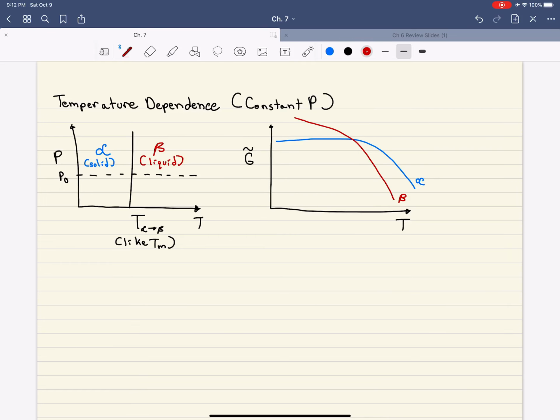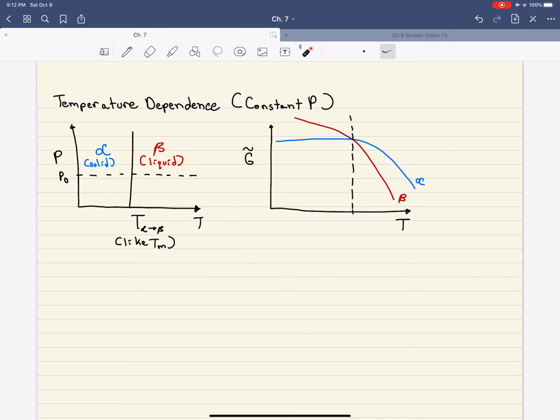Right? And so we see that at low temperatures, the molar Gibbs energy of the alpha phase is less than the molar Gibbs energy of the beta phase. And so in this region, since alpha has the lower free energy, the system or the chemical would want to be completely in that alpha phase.